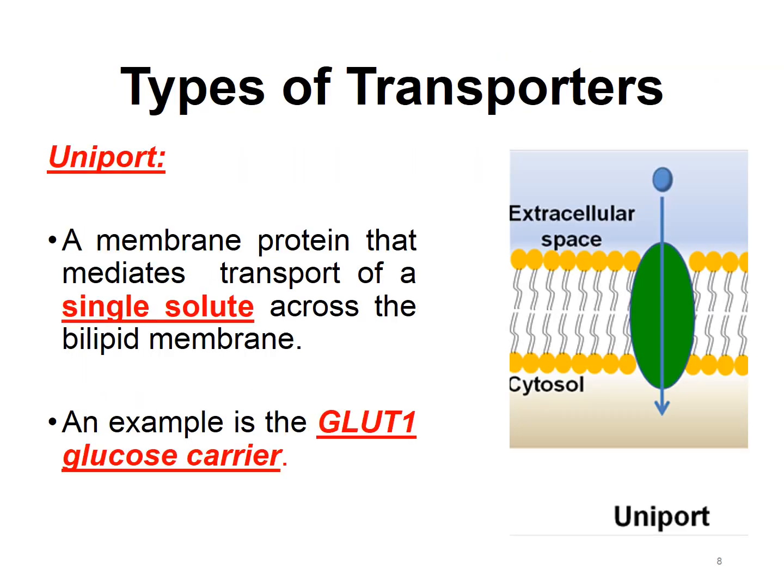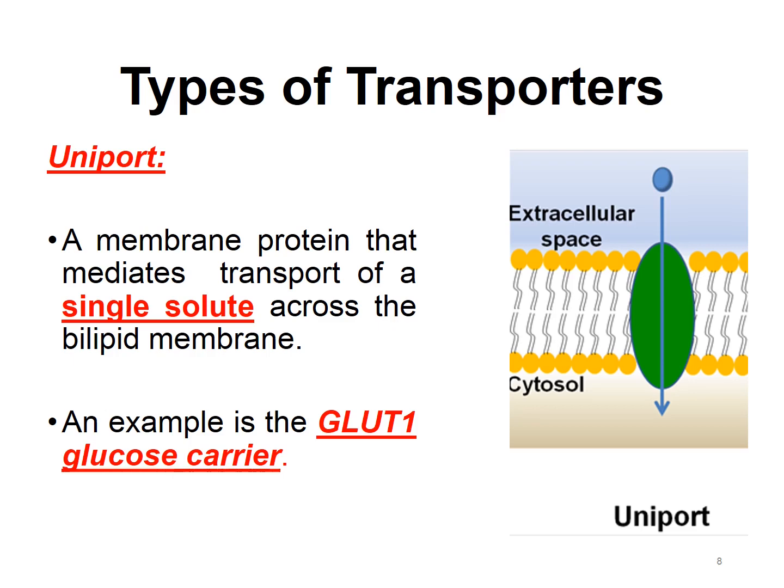How does transport happen? In order to have transport across the membrane, we need what we call transporters. Transporters can be classified in different ways and by different mechanisms.